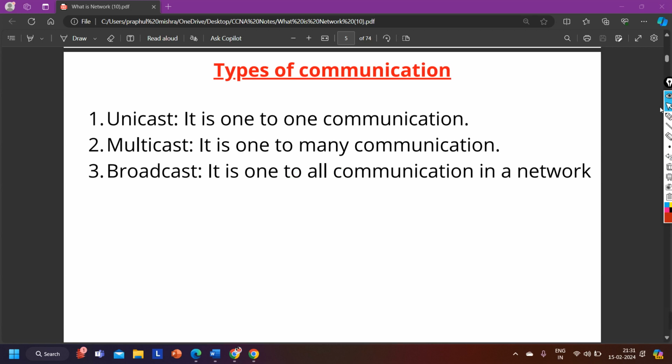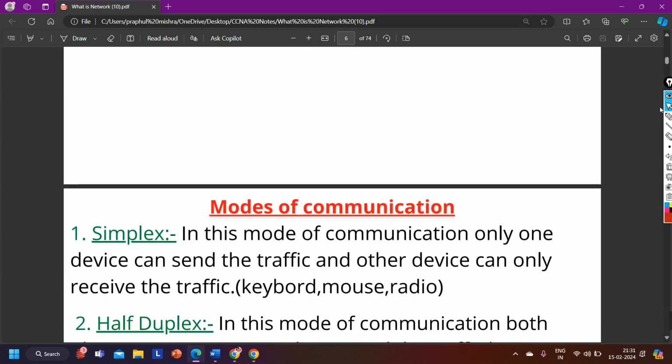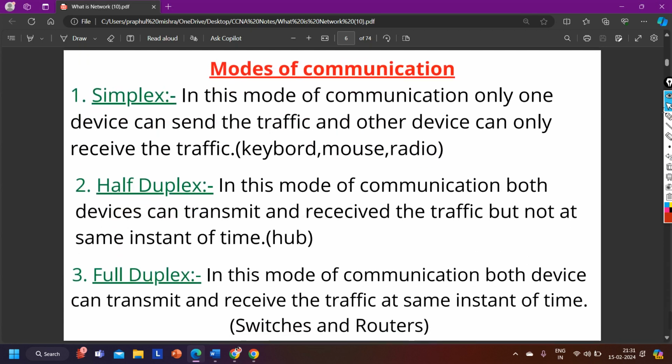Okay, so I hope types of communication are also clear to you. Today I am just covering basic things, the basic terms in networking. First of all I have to make you familiar with the basic terms, and then I will start actual networking. Don't worry, actual networking is very easy, but try to understand all these things very carefully, because I am going to use these terms in all upcoming classes.